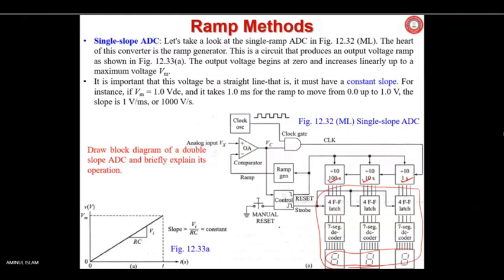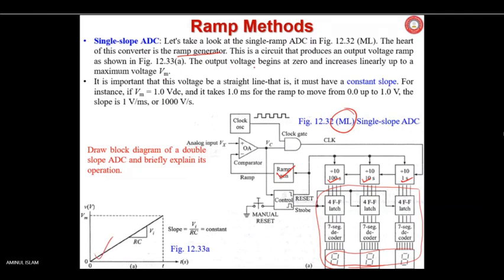So let's read out and try to understand what extra things are said by different authors, Millman and Rich. Let's take a look at this single ramp ADC in this figure. It is the same figure. The heart of the circuit is a ramp generator. This is a circuit that produces an output voltage ramp as shown here.